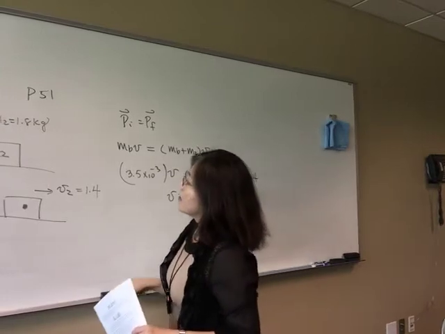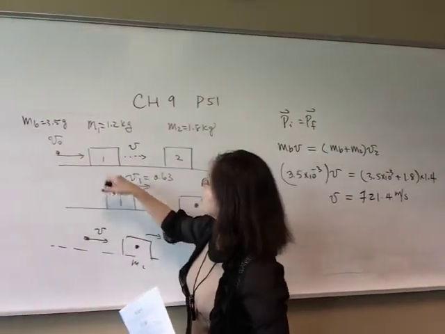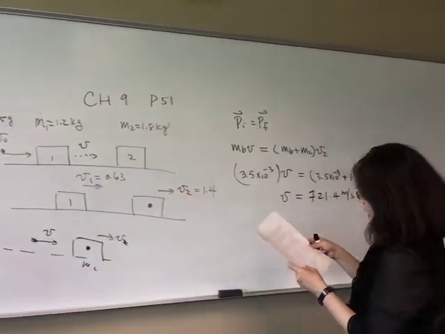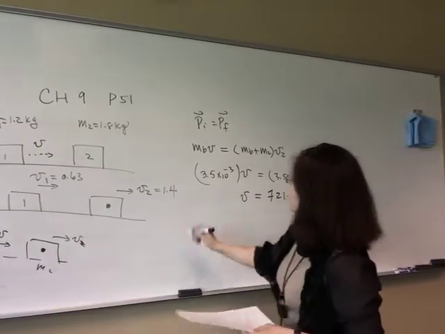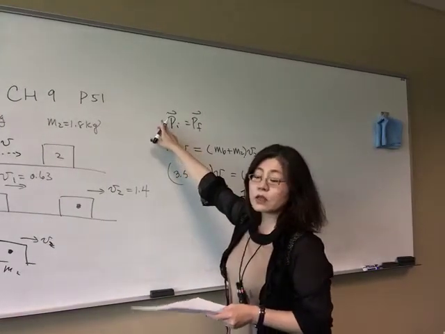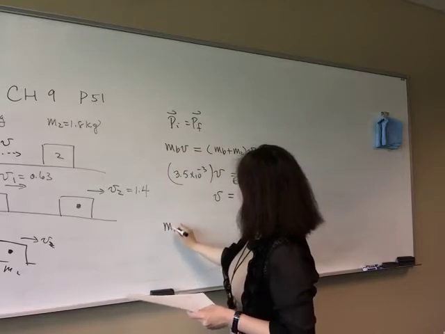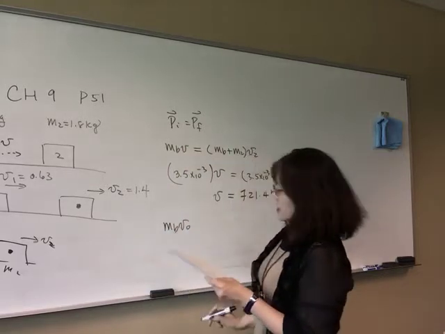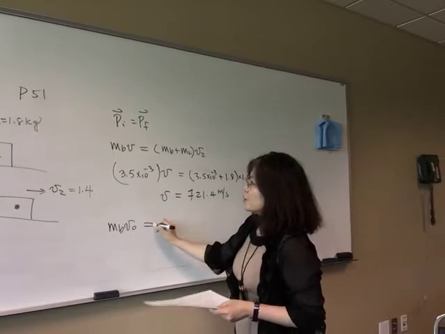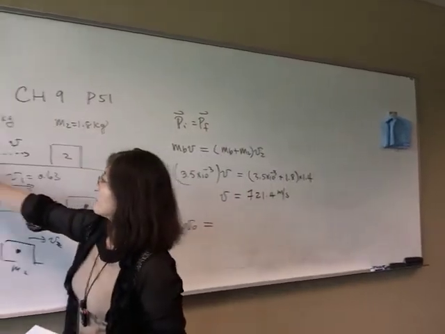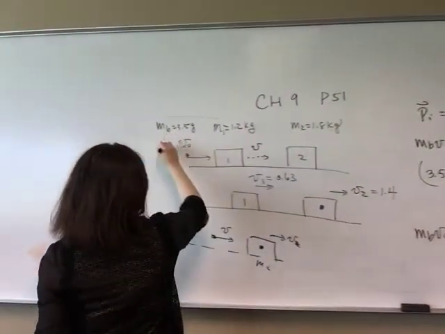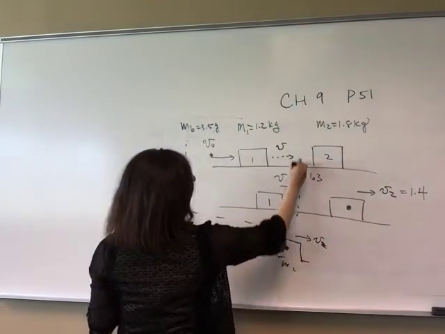And then once you have that, it becomes easy to calculate the initial velocity of the bullet, because again, we're going to use the conservation of linear momentum. So you have your mass of the bullet times the initial velocity of the bullet. That has to be equal to, now we're focusing on this part.